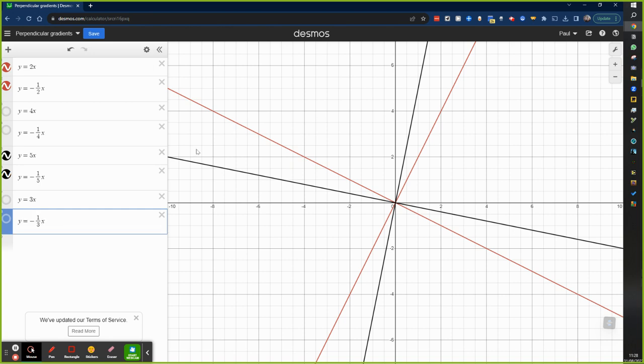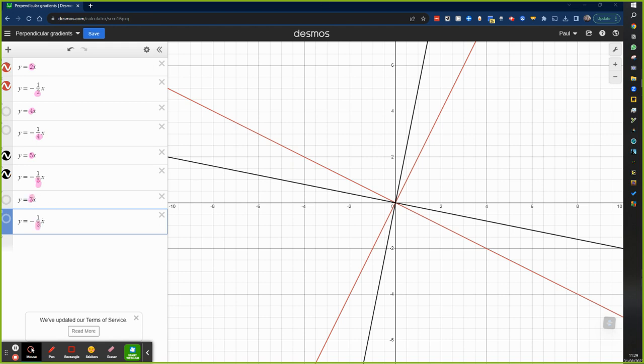A lot easier to identify the pattern then, because you might notice, I'll get a highlighter here. Yeah, like that. We've got a 2 here, and a 2 here, a 4 here, a 4 there, a 5, 5, and a 3, and a 3.